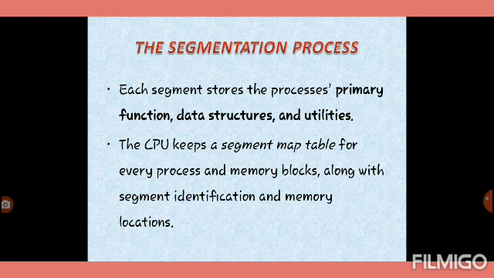So each segment stores many processes, and that's it in segmentation. And the CPU keeps a segment map table, as I said, to map every segment to its corresponding memory block.